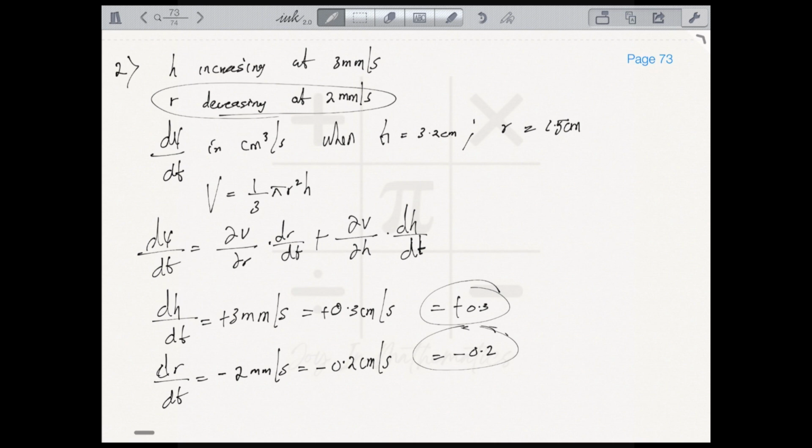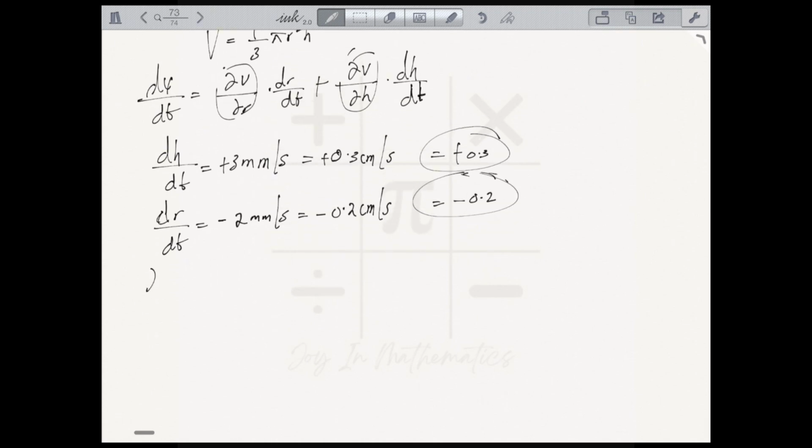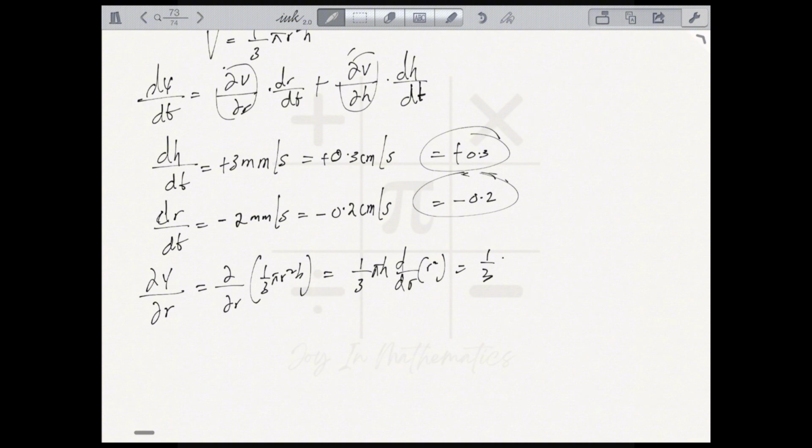So the first thing to evaluate is the partial derivative with respect to r and with respect to h. So dV/dr is d/dr of 1 over 3 pi r squared h, and since we are differentiating partially with respect to r, our h is a constant. d/dr of r squared gives us 1 over 3 pi h times 2r, and that will give us 2 over 3 pi r h.